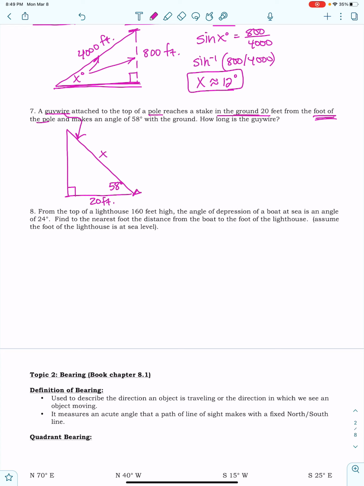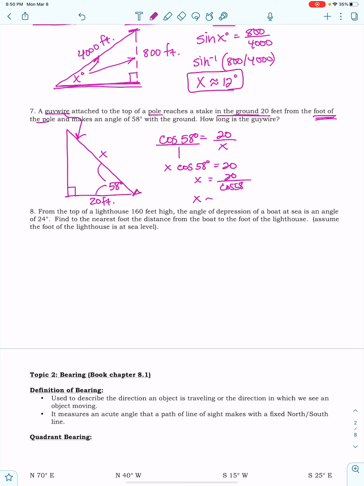So we are looking for the length of the wire. So in relation to this angle here, we've got the hypotenuse and the adjacent side. So we are looking at a cosine of 58 degrees equals adjacent over hypotenuse. All right, this one's going to be a little trickier because I've got to cross multiply here, and I end up with x times cosine 58 equals 20, and I've got to divide both sides by the cosine of 58 degrees.